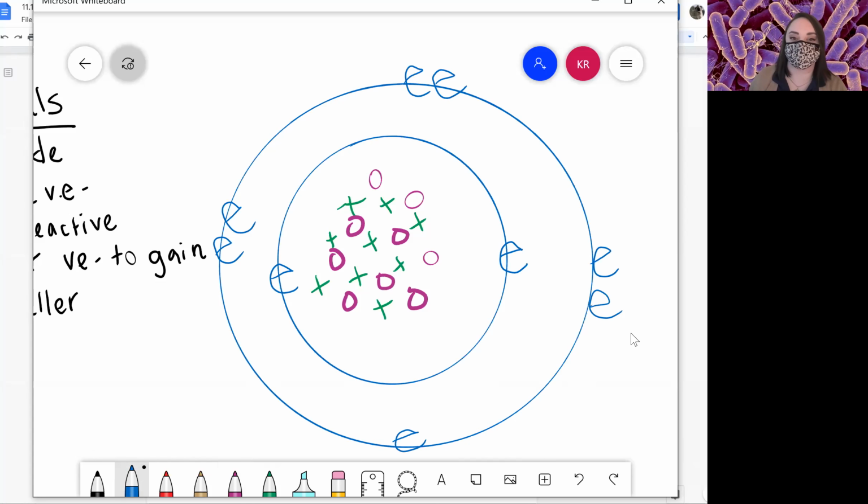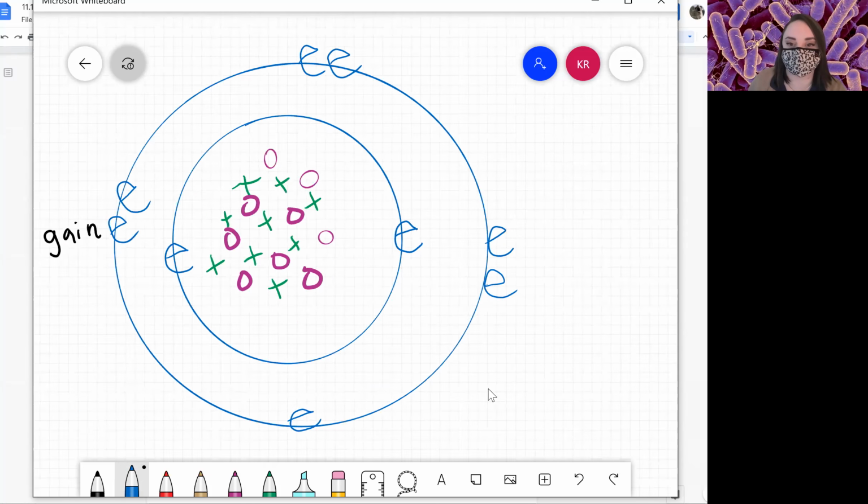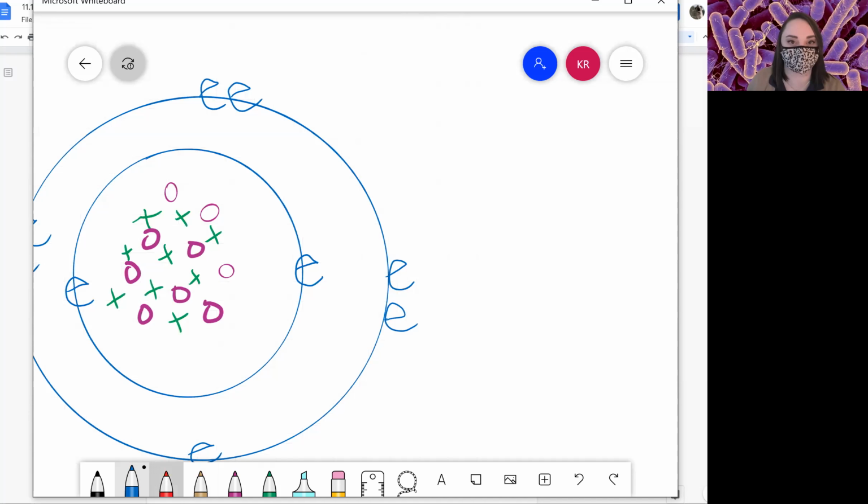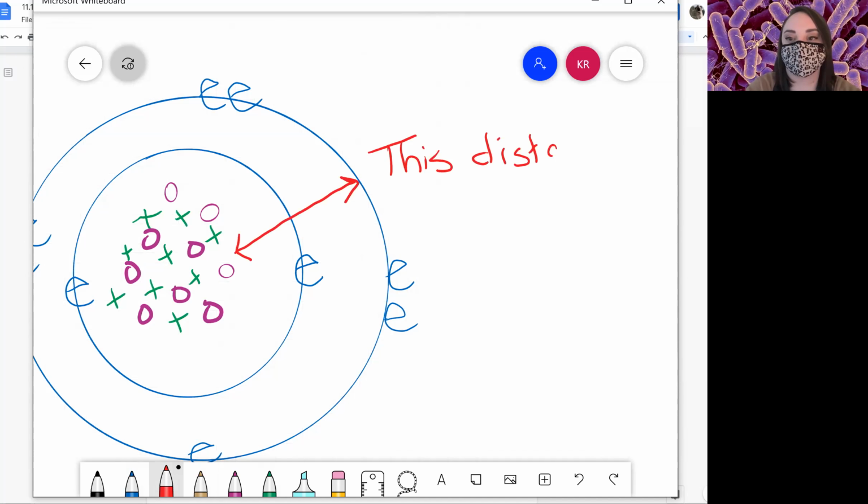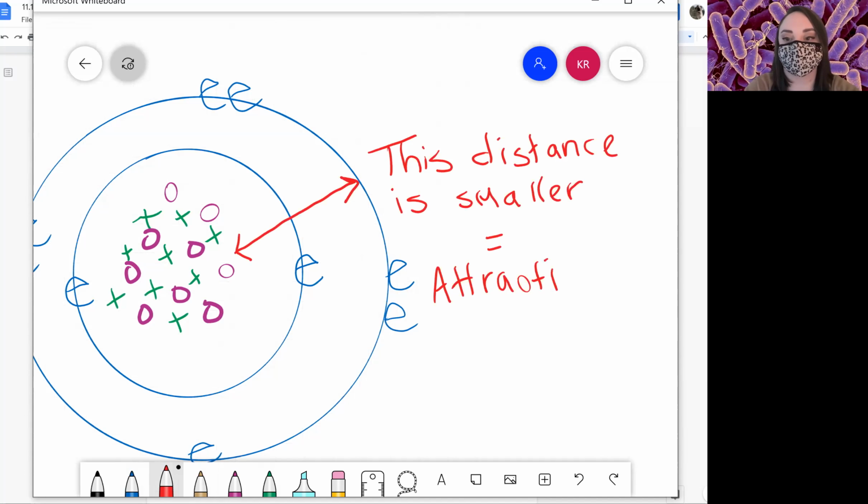All right, so now what are we talking about here with size? Well, it's the exact opposite of what we just talked about with the metals. So in a nonmetal, if this distance is smaller, that means the attraction is stronger.